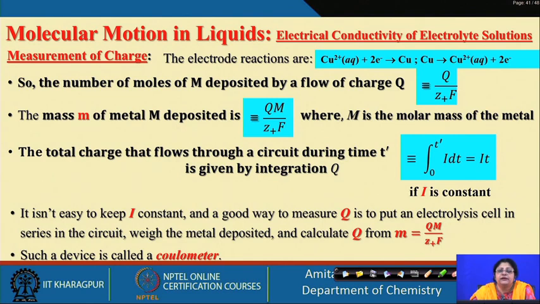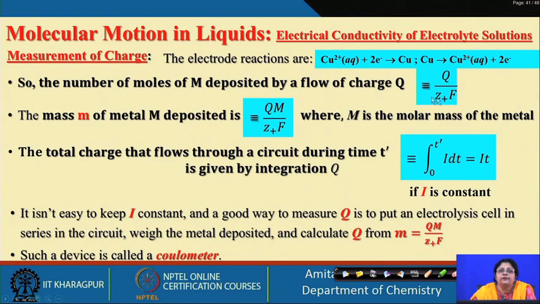If the total charge flowing is Q, and we want to find the number of moles of the metal deposited, then we have Q divided by z times F. Q is the charge that is flowing, divided by the valency, z, of the metal ion, times the Faraday constant.